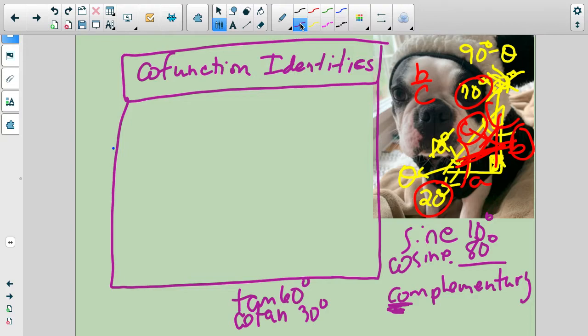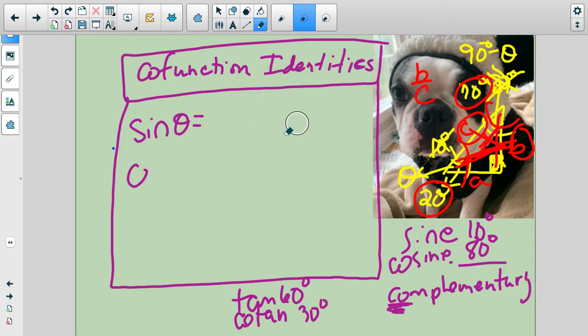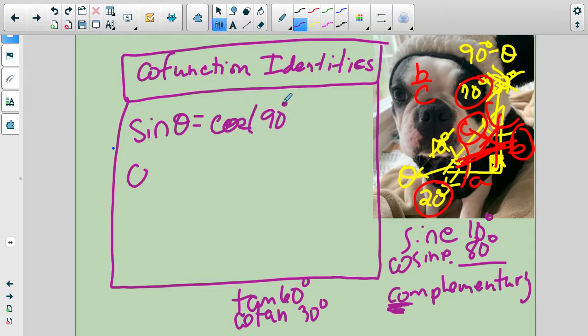Okay, so I'm gonna say sine of theta is equal to, sorry, it helps if I write the cofunction in there, don't write anything yet. Equals cosine of 90 minus theta. How can you remember the 90? I showed you that it was like cofunctions.